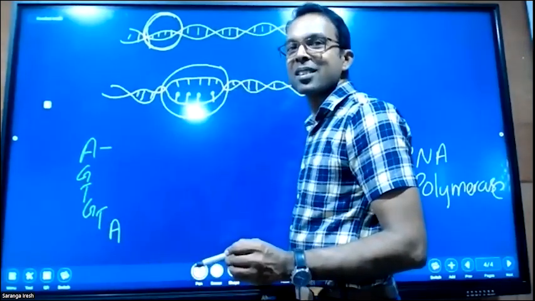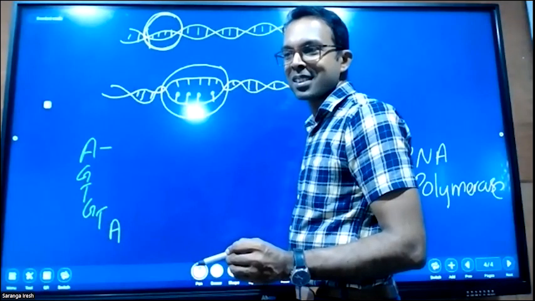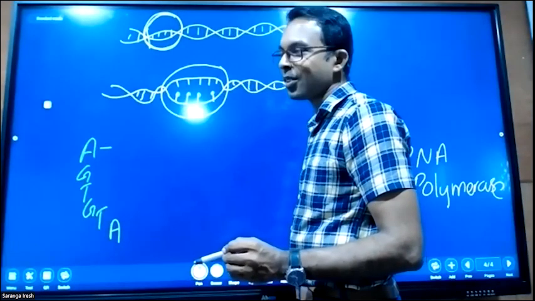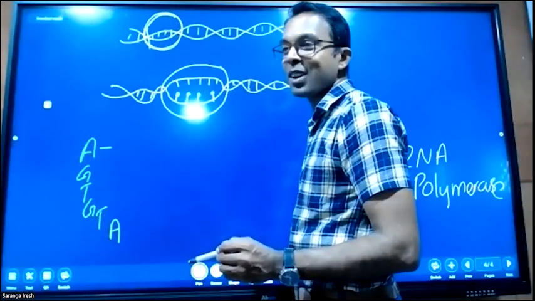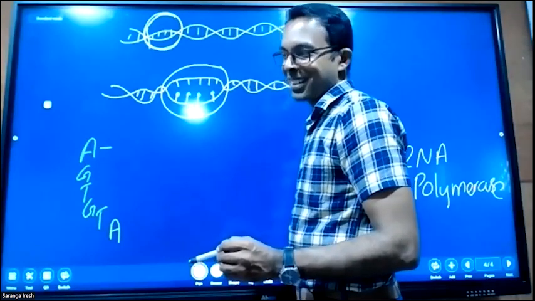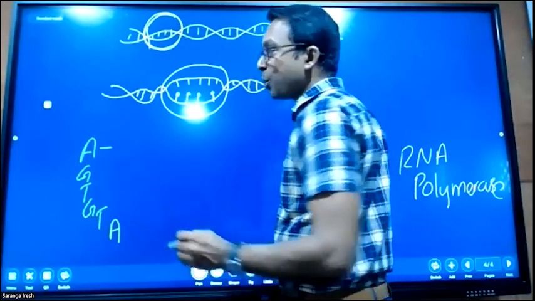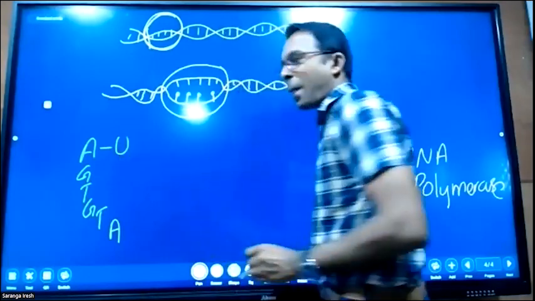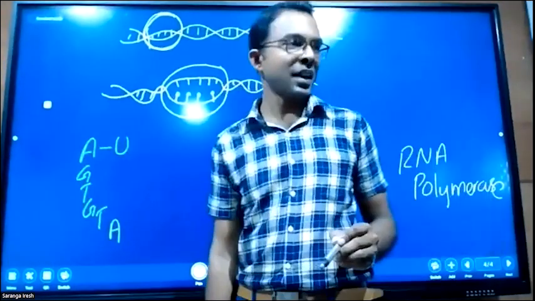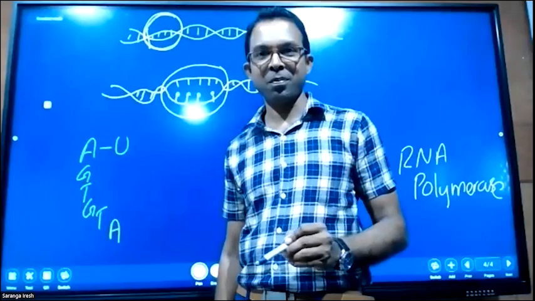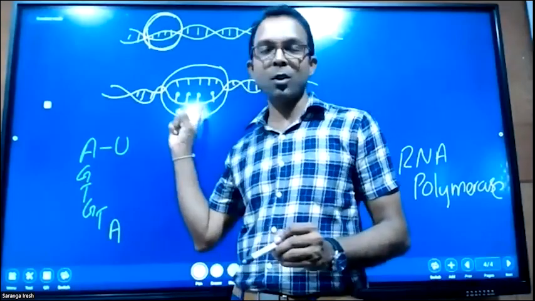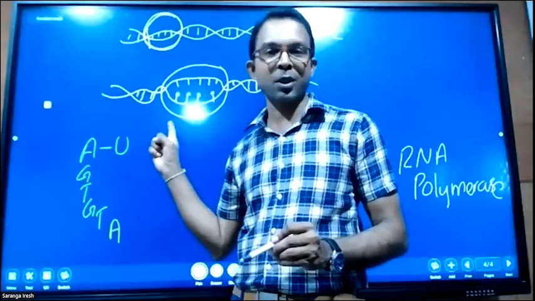What is the base? Thymine? No, in RNA there is no thymine. If it is RNA, that should be uracil. In RNA, we can find uracil, because the ultimate goal here is to synthesize an RNA molecule.